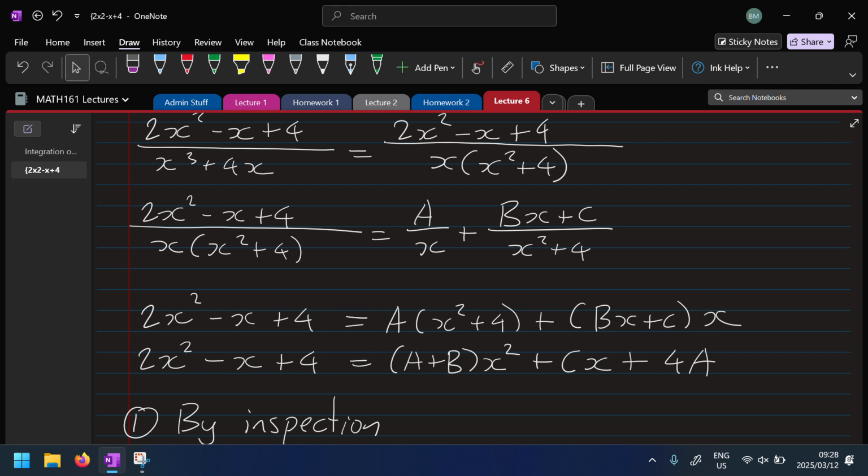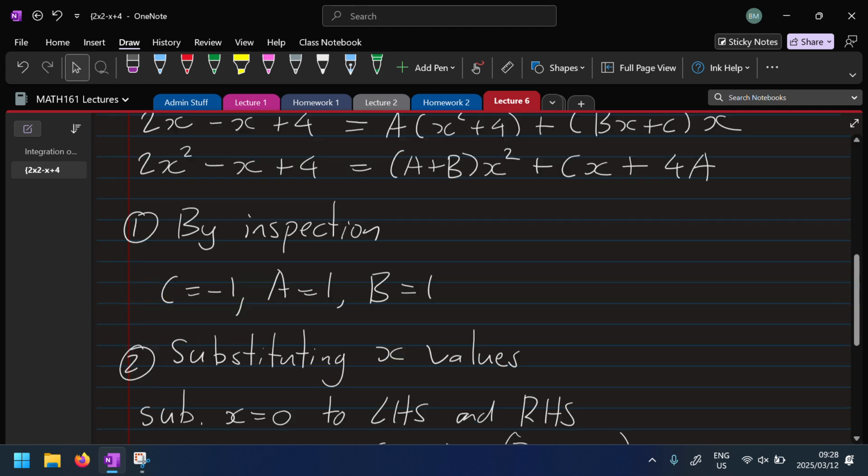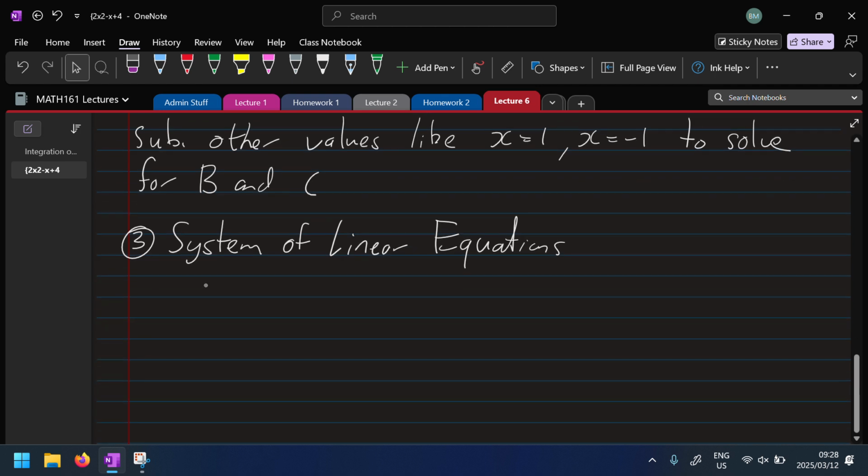So here we've got x squared and x squared. We've got 2 and a plus b, so 2 equals a plus b. That's equation 1. Then we've got minus 1 and c, equation 2. And here we've got 4 equals 4a, equation 3. 3 equations, 3 unknowns. You can solve them as a system of equations.